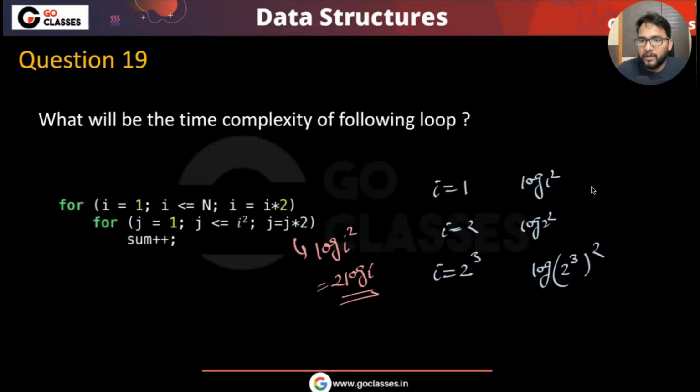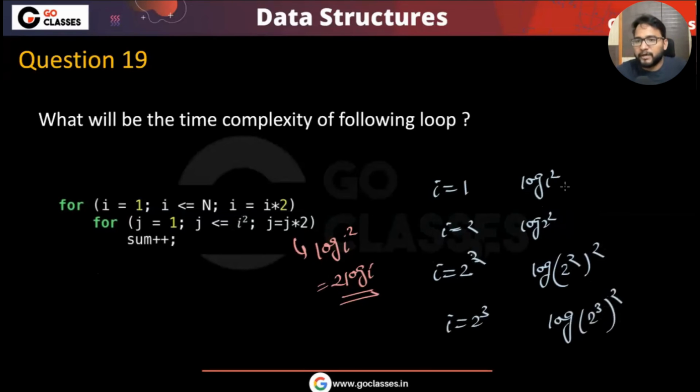Okay. Which means for I equal to 1, log of 1 square, for I equal to 2, log of 2 square, for I equal to 2 square, log of 2 square times, for I equal to 2 cube, log of 2 cube square times.